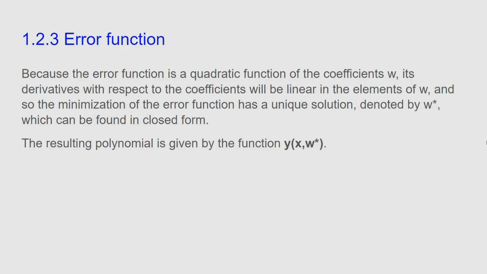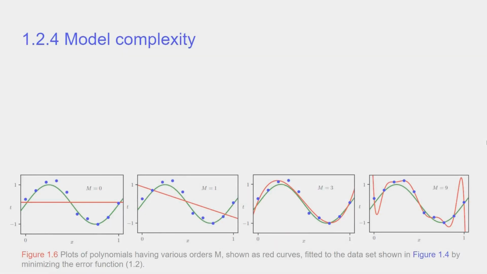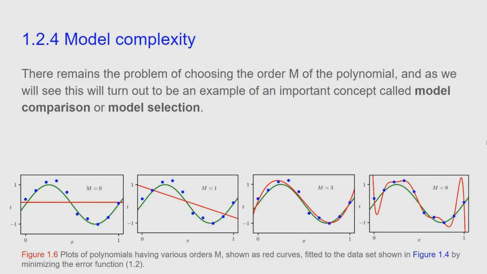The resulting polynomial is given by the function y(x, w*). Model complexity. There remains the problem of choosing the order M of the polynomial, and as we will see, this will turn out to be an example of an important concept called model comparison or model selection.